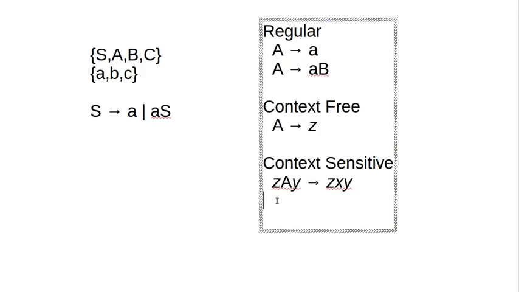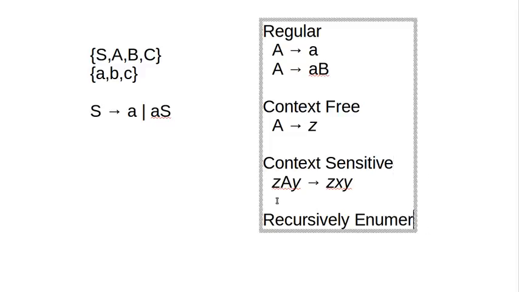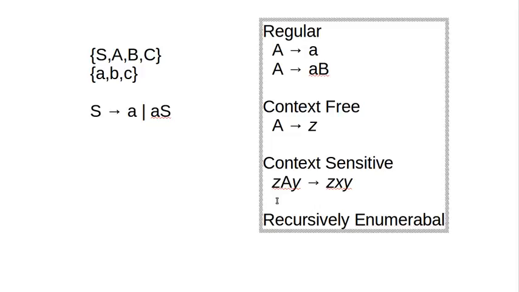Okay. The last class of grammars for the Chomsky hierarchy is the recursively enumerable. And there are no limitations on this.